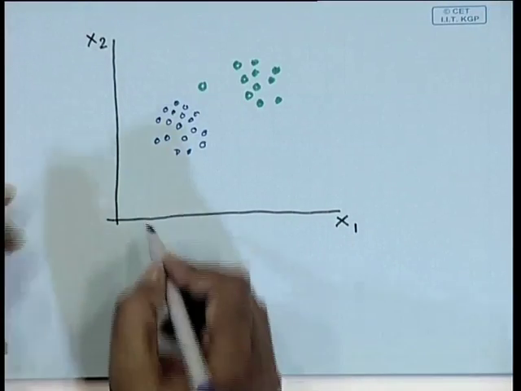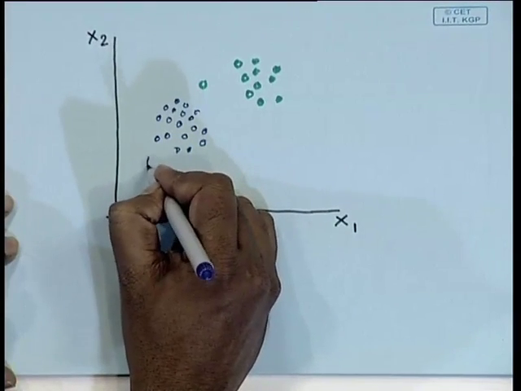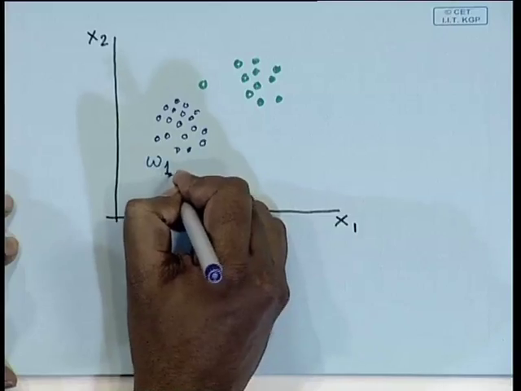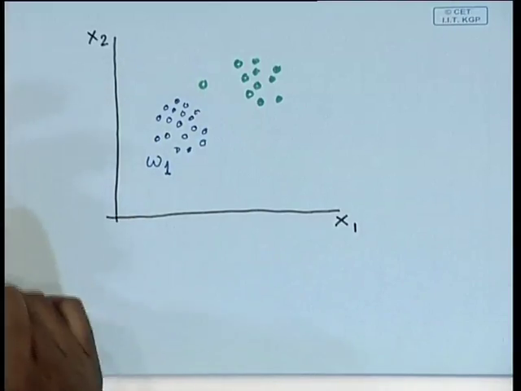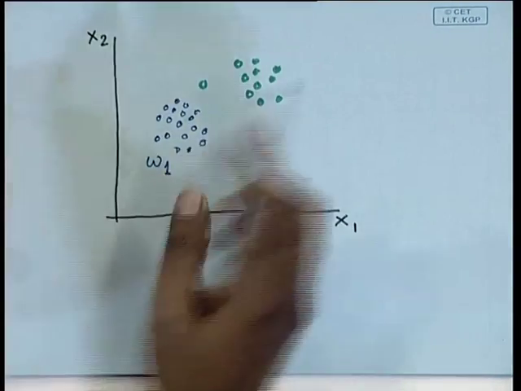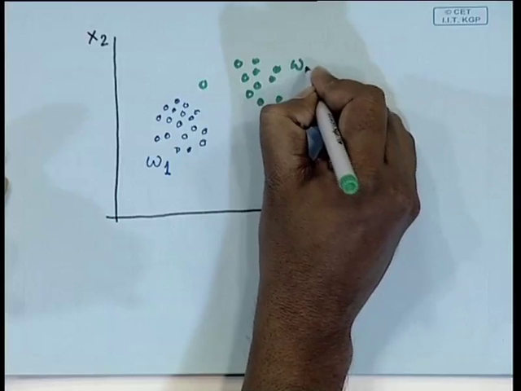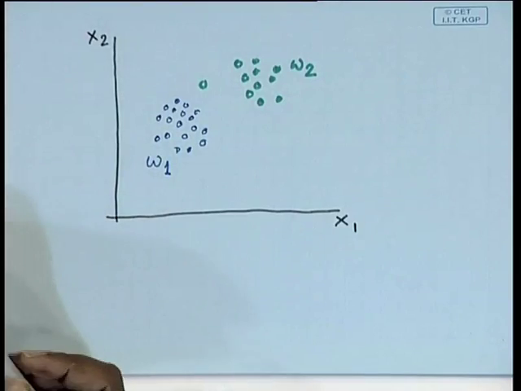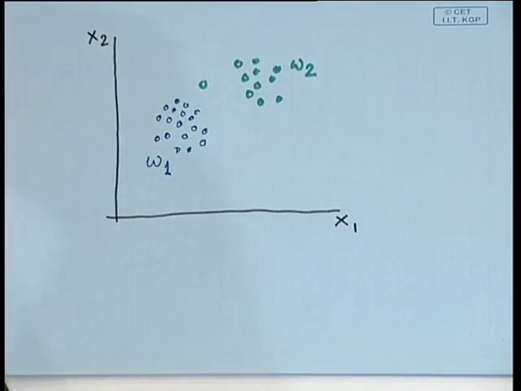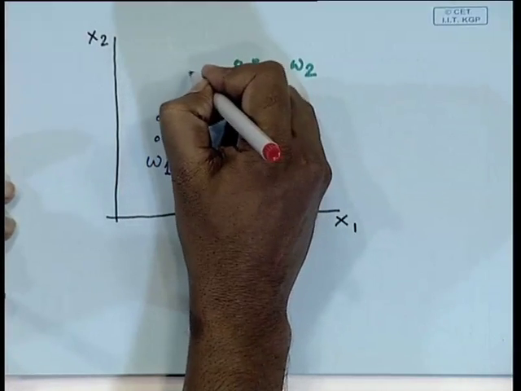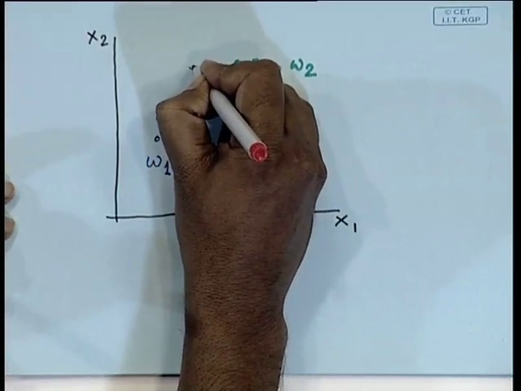Okay. So, I say that these are the training samples taken from class omega 1 and these are the training samples taken from class omega 2. And here, the unknown sample is somewhere at this position.